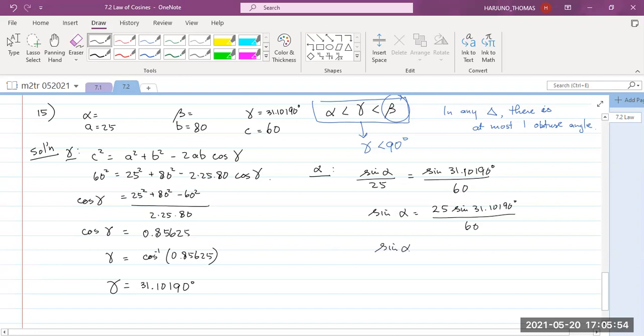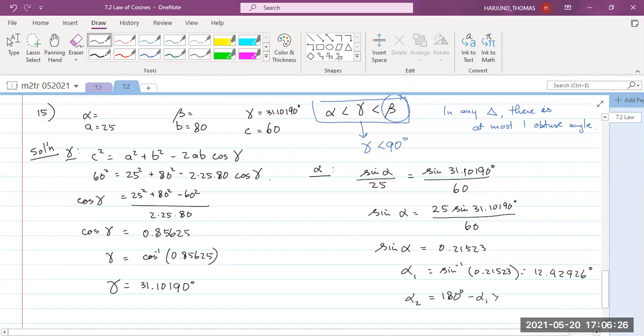Sine alpha is 0.21523. So alpha 1 is sine inverse of that, which is 12 degrees something. Or alpha 2, which is 180 degrees minus alpha 1.